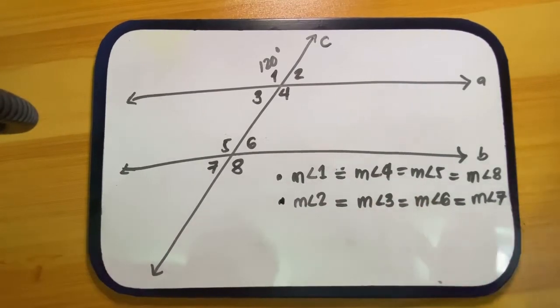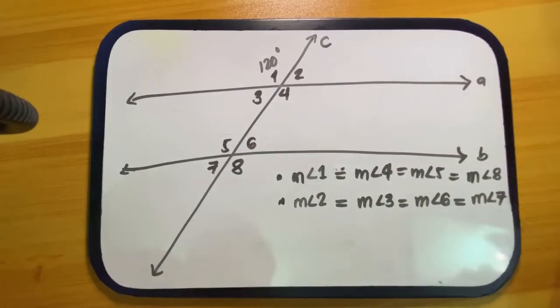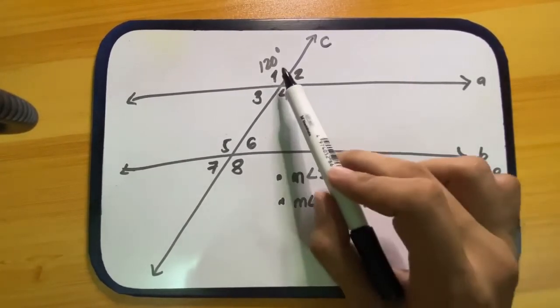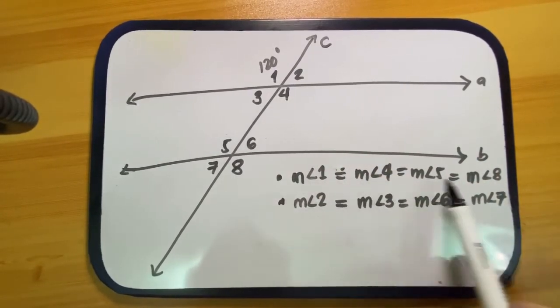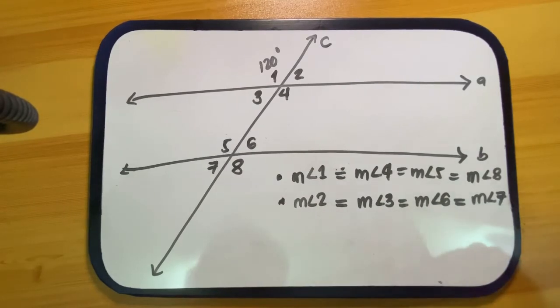By the way, a transversal line can also cut 3 parallel lines, 4 parallel lines, and all the angles are related or connected to each other. So again, all these angles, angle 1, 4, 5, and 8 are equal, and also 2, 3, 6, and 7.